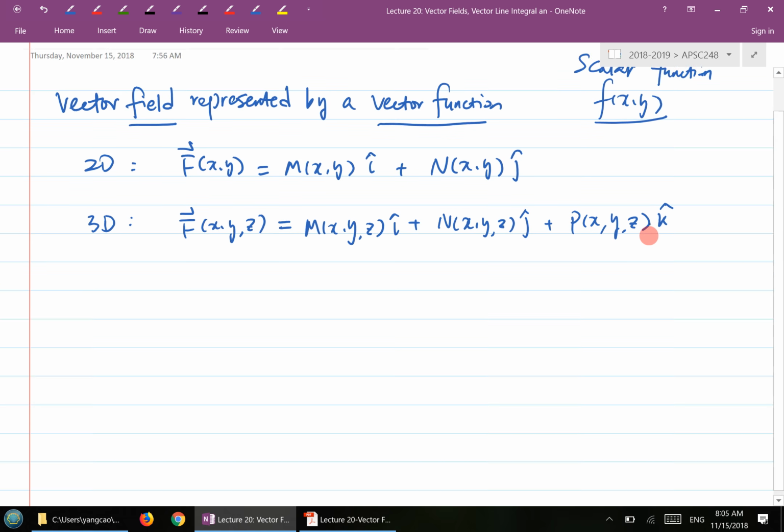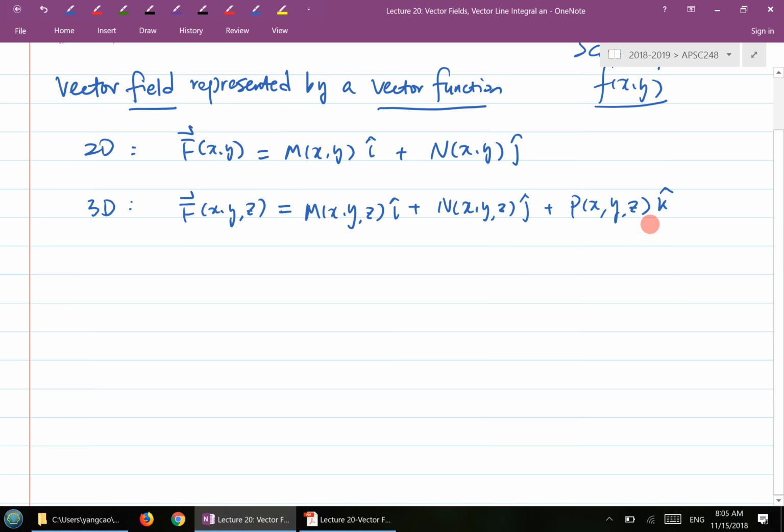So for example, I'll show you a couple of things. Let's take a look at a couple of examples of vector fields and how we illustrate a vector field. The first example, let's take a look at this one here: F equals x i hat plus y j hat.